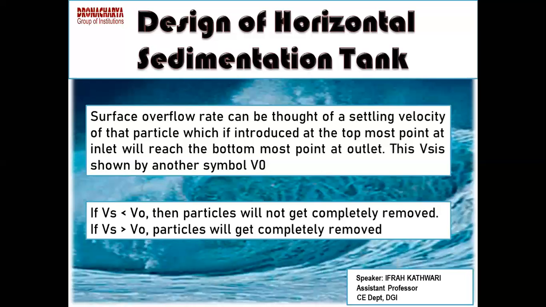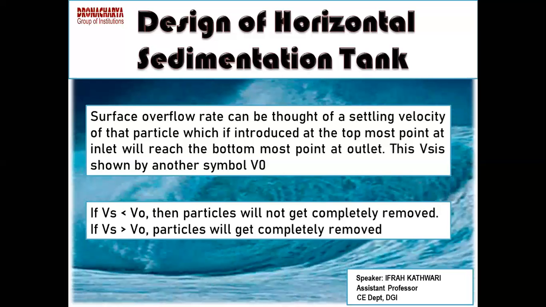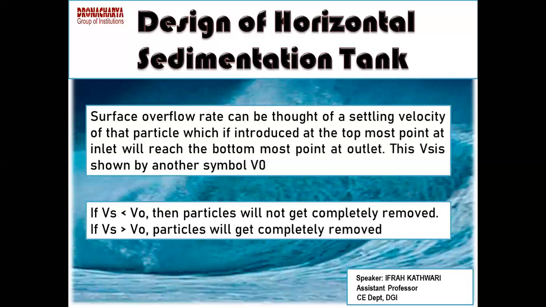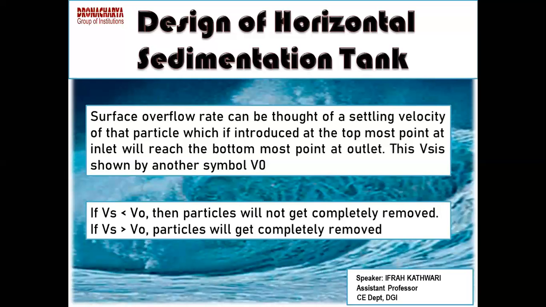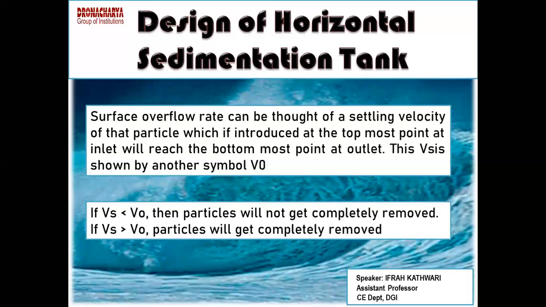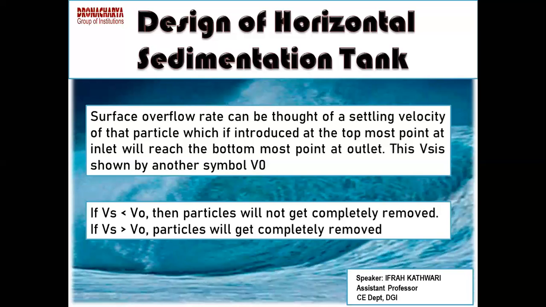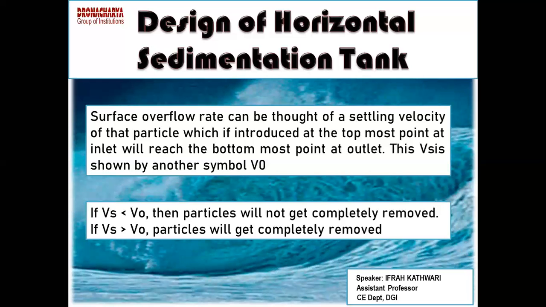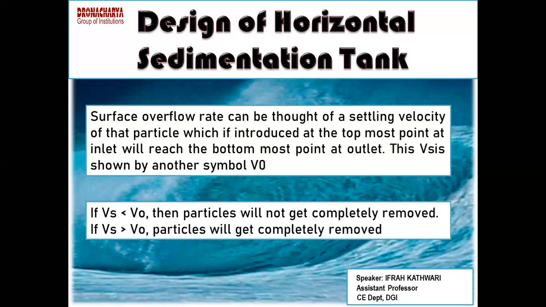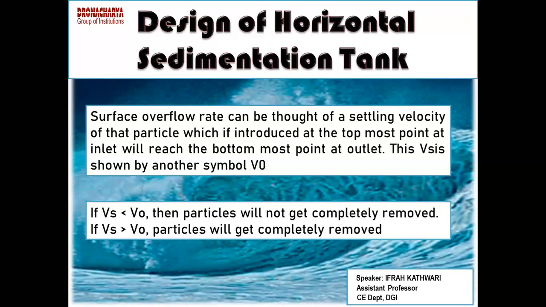We can take it as overflow velocity. I am giving you a situation where the particle at the topmost corner is settling down at the bottommost layer of the sedimentation tank. In that case only we can say that VO is Vs.